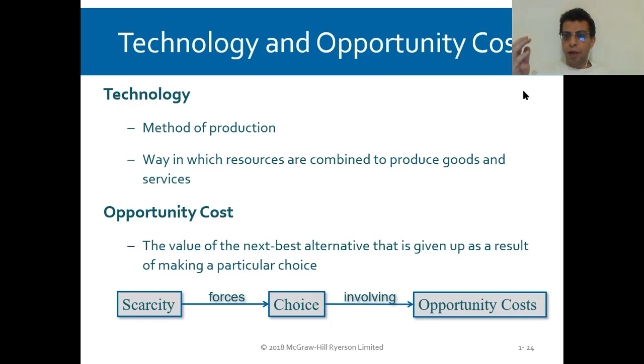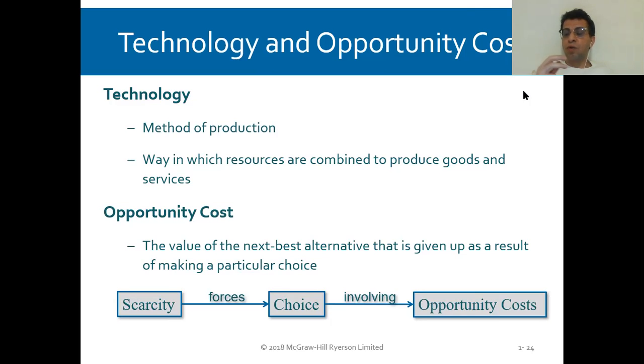And then when you talk about opportunity cost, let's say I want to buy a sandwich. I have $10, and I have an option of buying a sandwich or getting on the bus, going home and eating. So I decide to get on the bus. My opportunity cost is eating the sandwich.